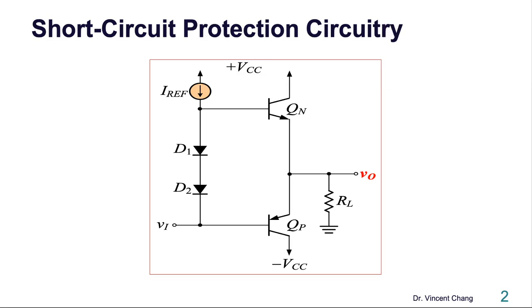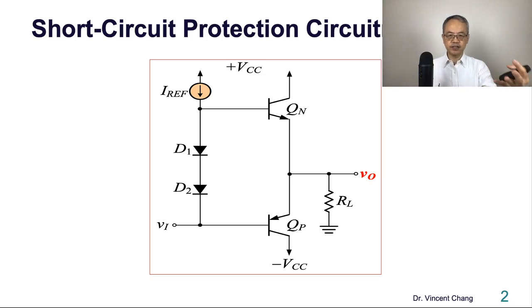Why do we need a short circuit protection for the upstage? Because it's dangerous, right? The mission of the upstage is to deliver, to supply the big current to the external load.